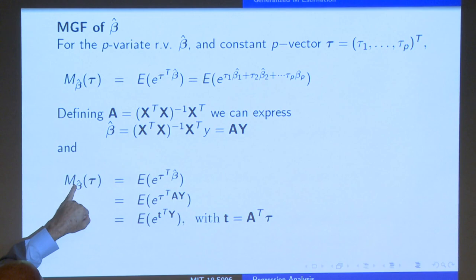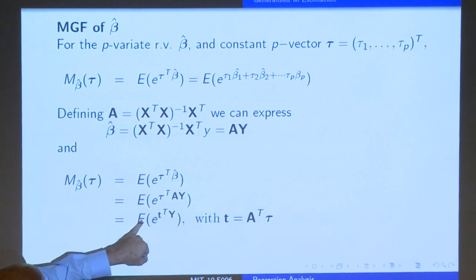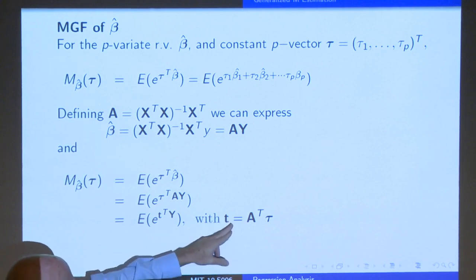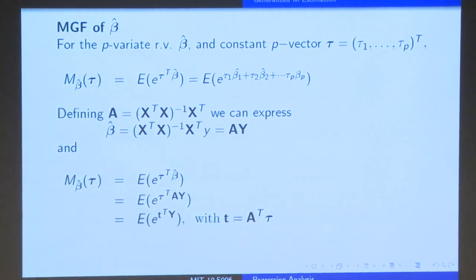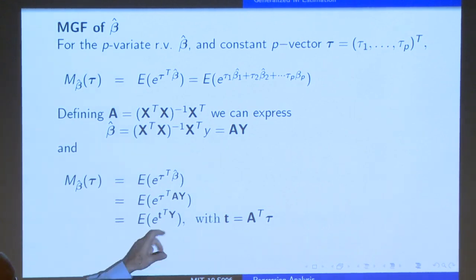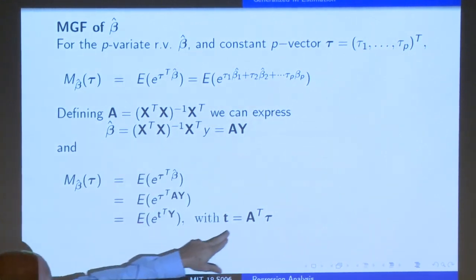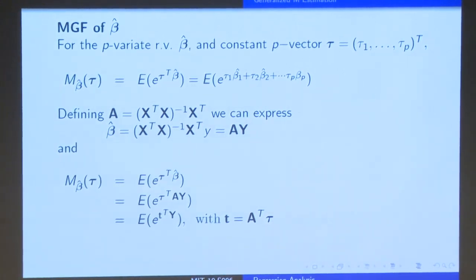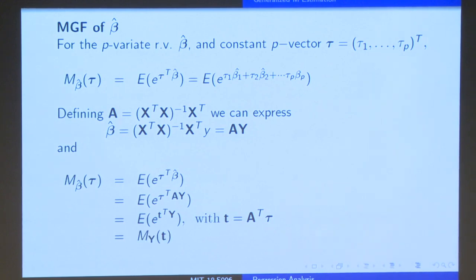And then we can say that this moment generating function for beta hat is equal to the expectation of e to the t transpose y, where little t is A transpose tau. So we know what this is. This is the moment generating function of y evaluated at the vector little t. And so we just need to plug in for little t that expression A transpose tau. So let's do that.